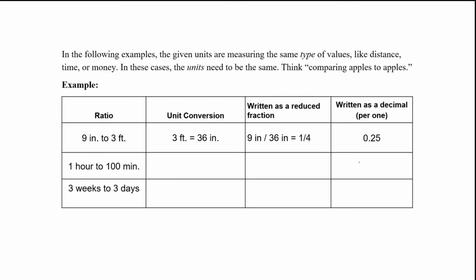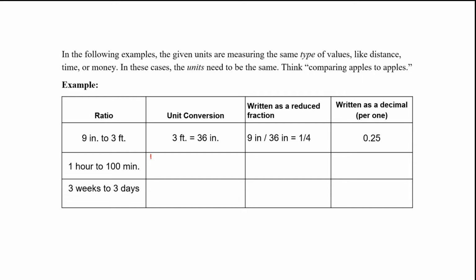Now we can compare ratios of quantities that have the same units. And so we can make a comparison between the two. So in this case, we can compare inches to feet, because we know that 1 foot is 12 inches. And so we can make that conversion here to write the reduced fraction and then the decimal per 1.